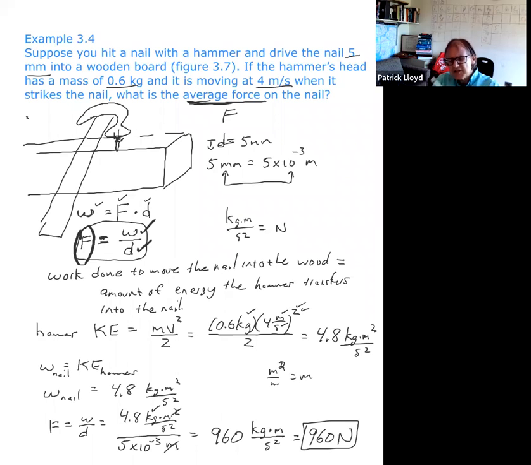The hammer has 4.8 joules of kinetic energy. That 4.8 joules is transferred into the nail, does work on the nail to make it move 5 millimeters. So once you get the 4.8 joules from the hammer, you can use that as the work done on the nail. You've got the distance that the nail moved. That ratio, W over D, is going to give you the average force.